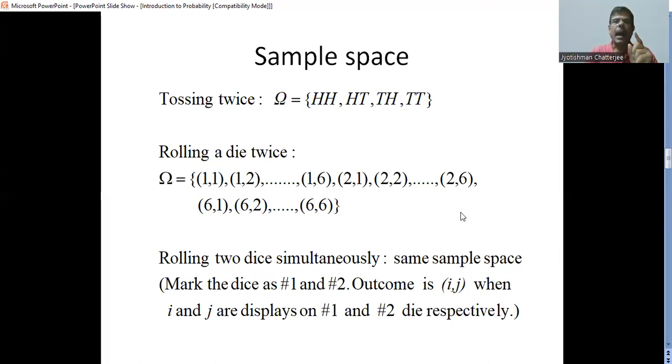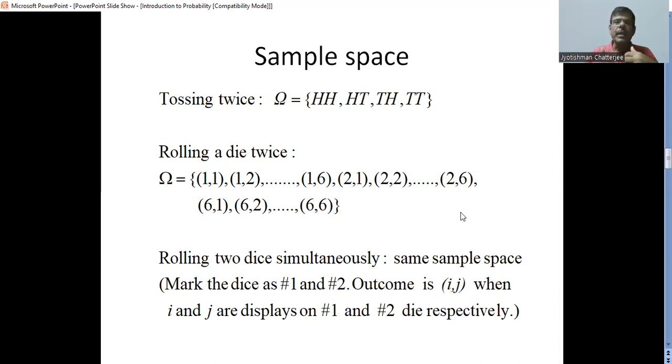In that case, our sample space becomes 1 comma 1 or 1 comma 2 dot dot dot 1 comma 6 and so on up to 6 comma 6. So how many elements are there in this sample space? There are 6 times 6, that is 36 elements. By the way, every element of the sample space is called a sample point. We will be using this terminology in different places.